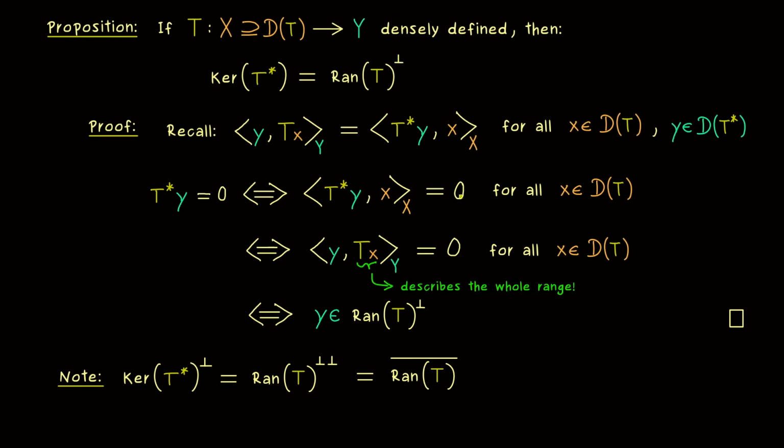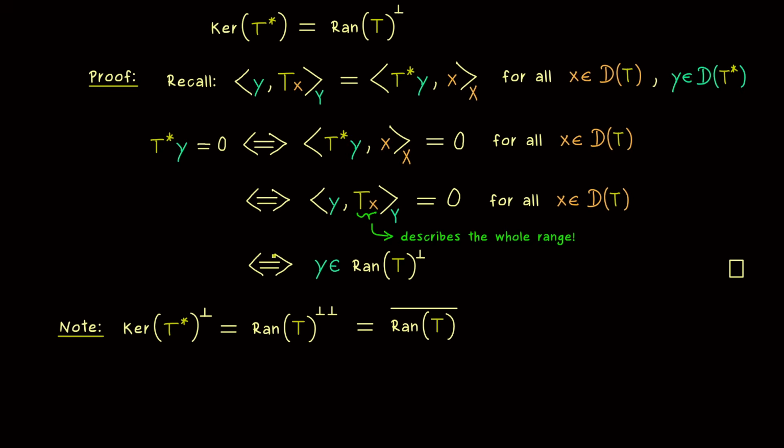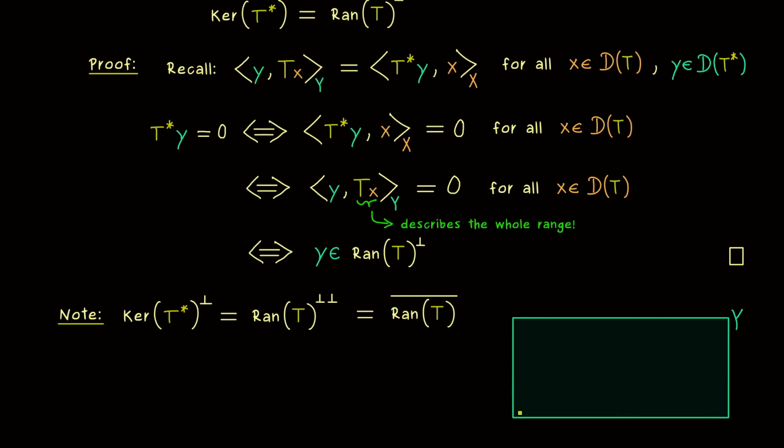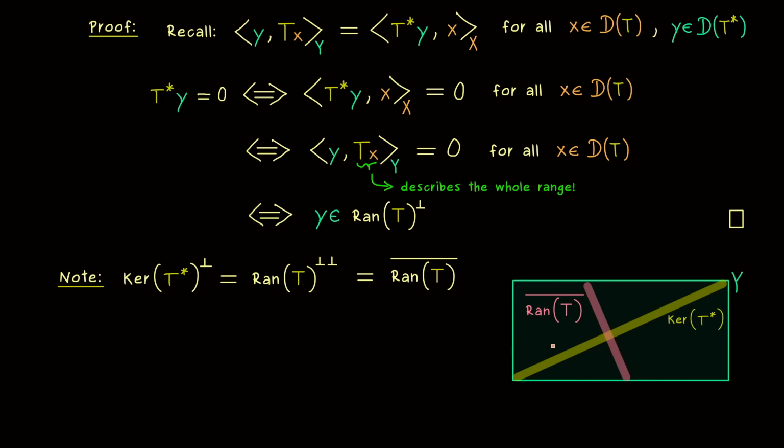Moreover, these two formulas here can easily be combined, and then we see we have a nice decomposition of Y into two orthogonal parts. So maybe let's simply sketch that. Let's assume that this one is our Hilbert space Y. And then we find two closed subspaces in it, namely the kernel of the adjoint, and orthogonal to that, the closure of the range of T. And now both things together just span the whole Hilbert space as a direct sum.